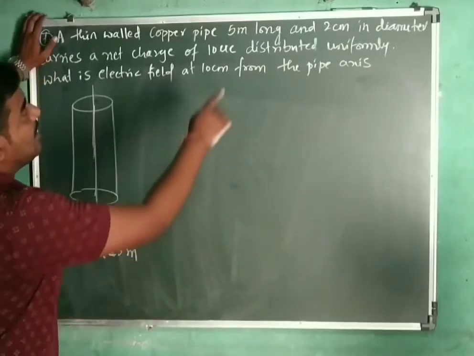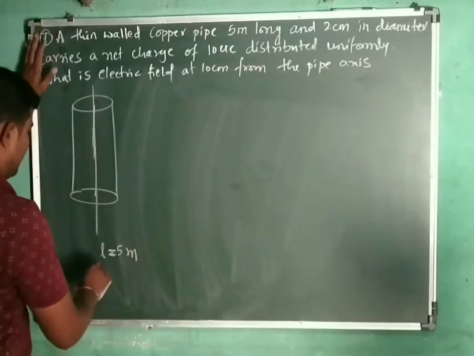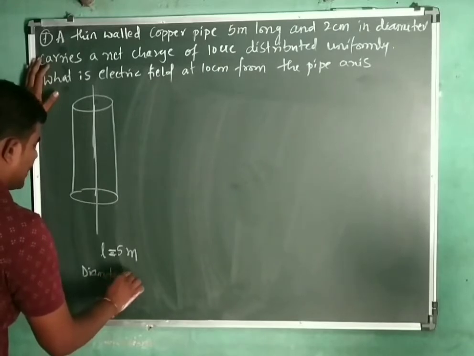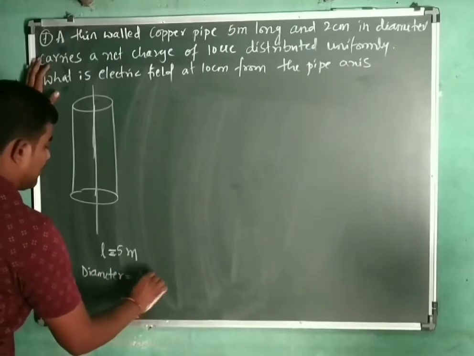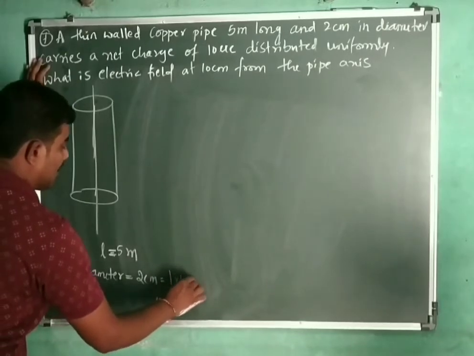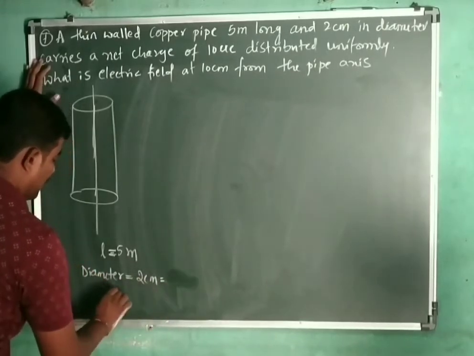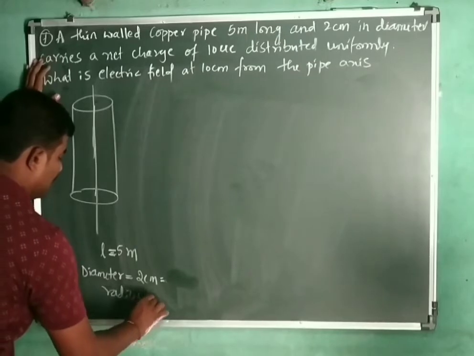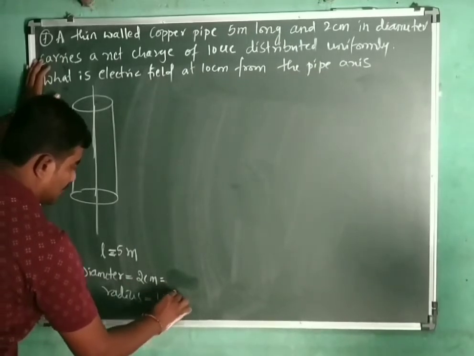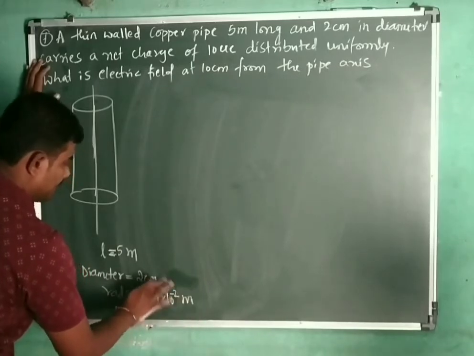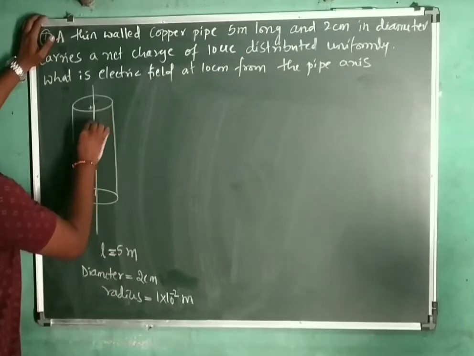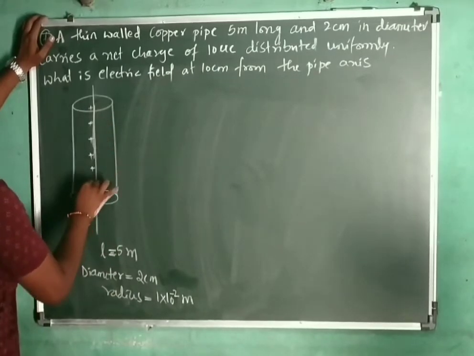okay, and 2 centimeter in diameter, so diameter is also given, diameter is equal to 2 centimeter, or radius is going to be 1 into 10 to the power minus 2 meter, okay, and charges are distributed uniformly, it means charges are like this.